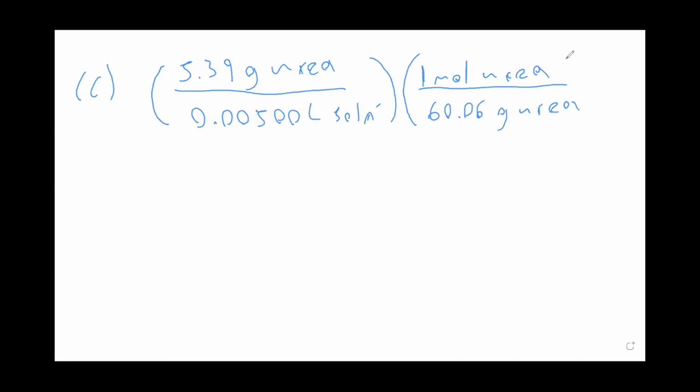They give it to you right in the problem. And if you get your calculator and do this calculation, accounting for sig figs, you are going to get 17.9 molar urea.